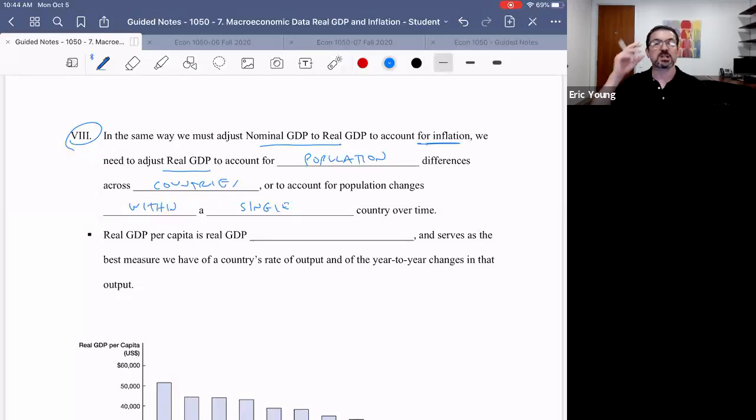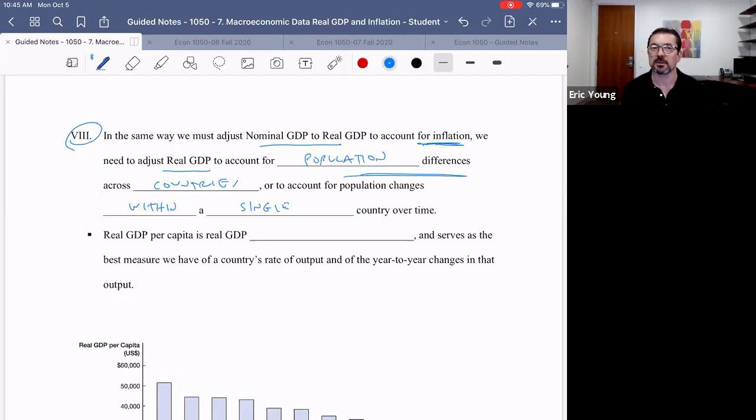So we took an adjustment from nominal GDP to real GDP to account for inflation effects. The final refinement we have to do is to account for population effects.